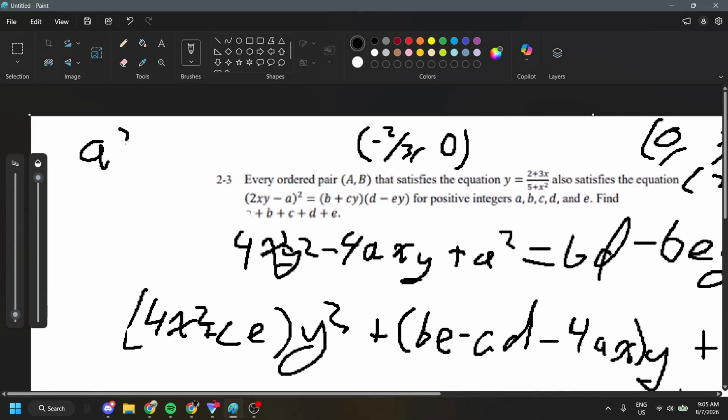So we get a squared is equal to e times d. That is an accomplishment. We did that, and that's a good amount of information.